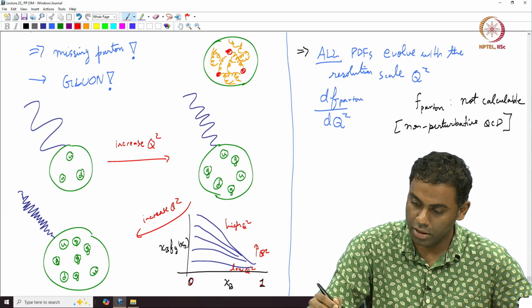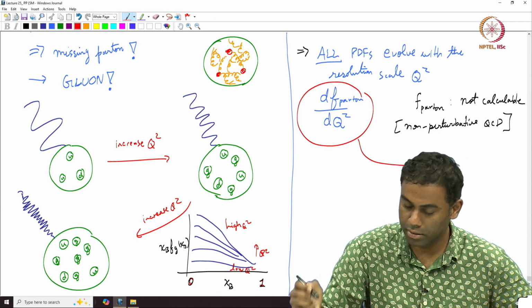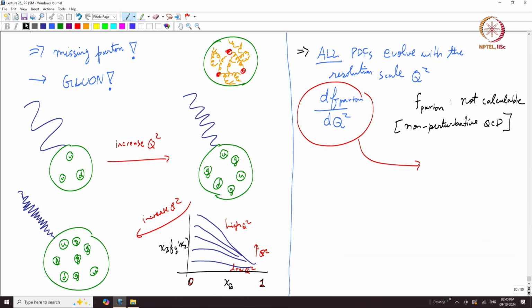However, it turns out that this quantity, the evolution with respect to the resolution scale, that is calculable. Okay. And that evolution is given by, I am just going to give a name, I am going to ask you to go check this. It used to be called the Altarelli-Parisi equations, but now the modern name for it is DGLAP equations.